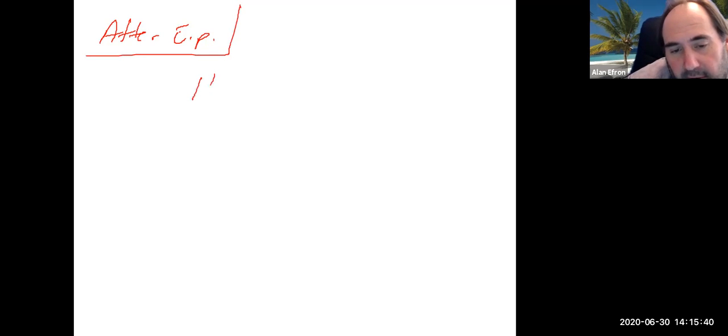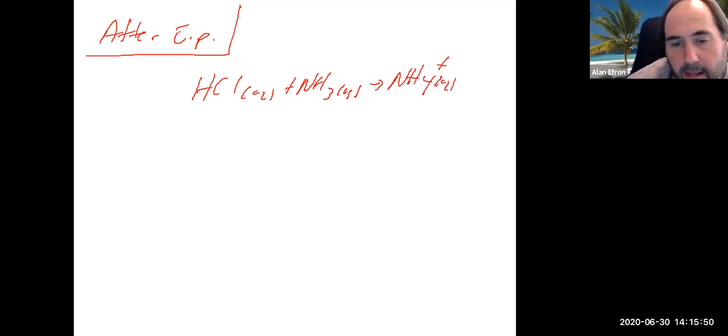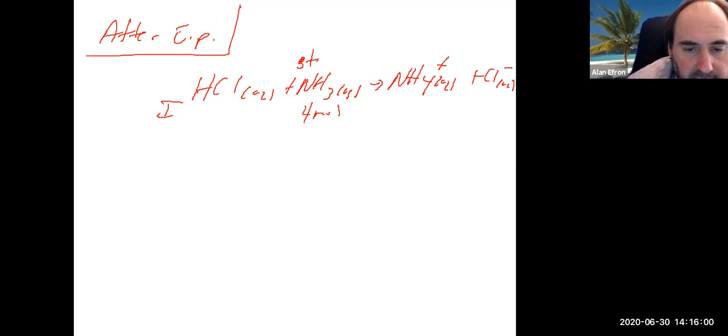we have, again, our reaction. Again, we're going to do moles. So again, I'm going to use my 4 mole example. And again, this is what we started with, and we're adding our HCl.